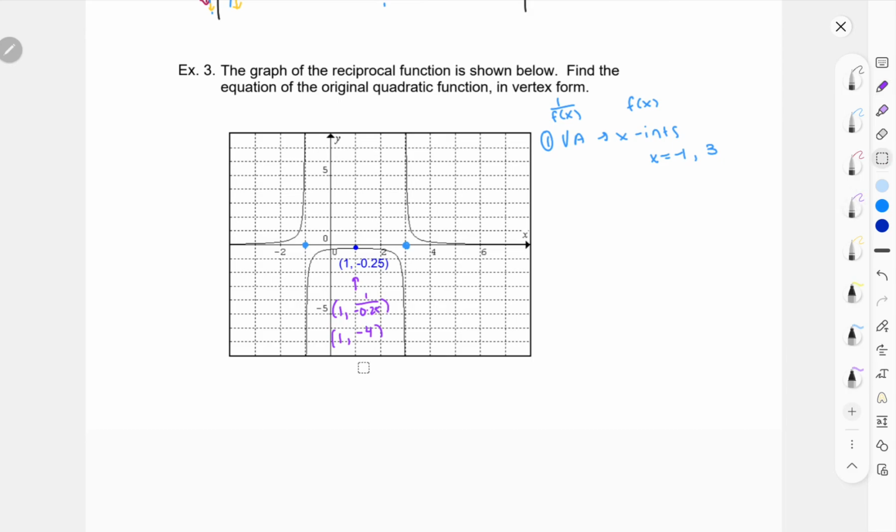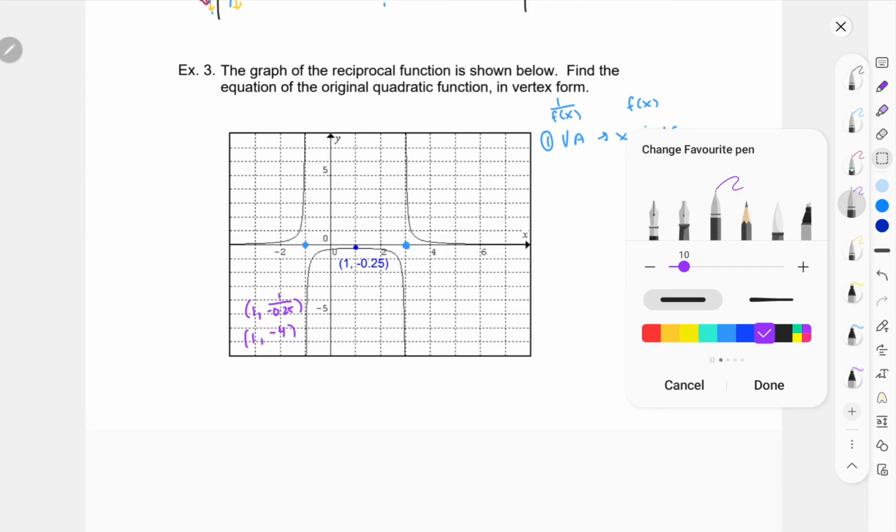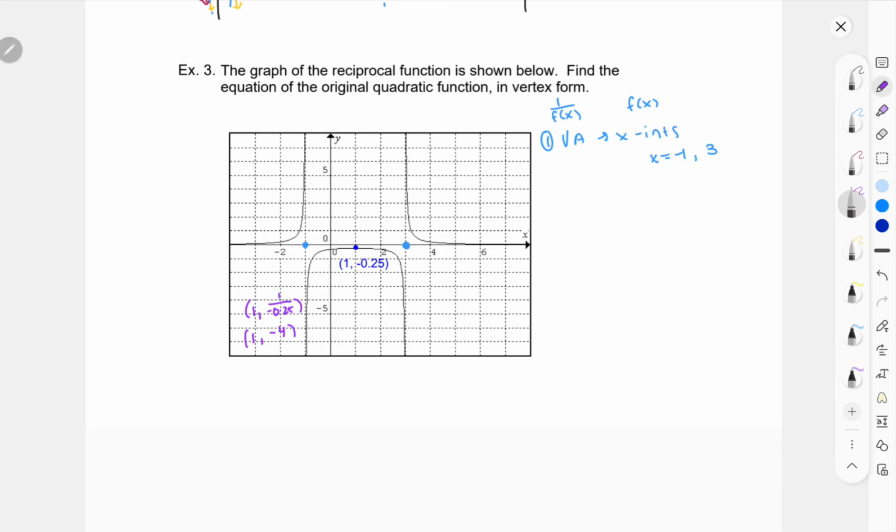So I'm going to plot those somewhere else. I'm going to move this. So I have a point now at 1, -4. So my max and my min are swapping places for my vertex, right? Again, just the idea that 1, -0.25 turns into 1, -4.